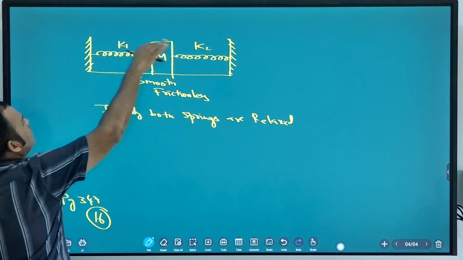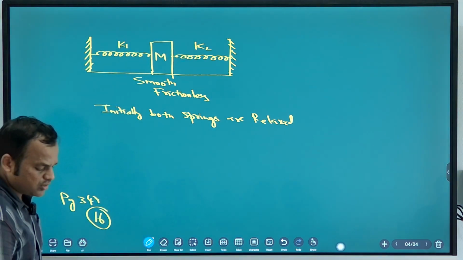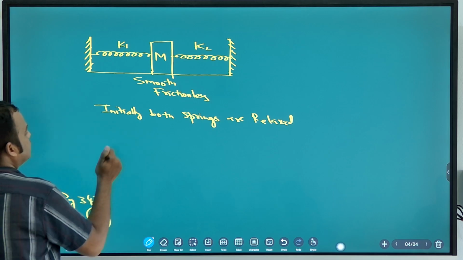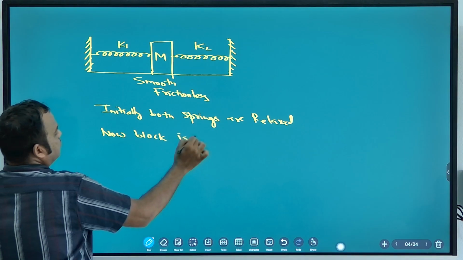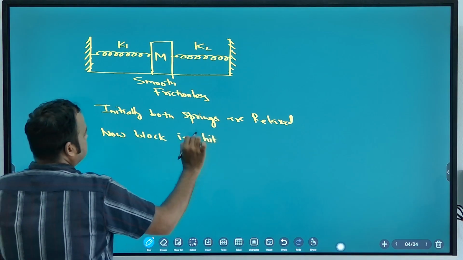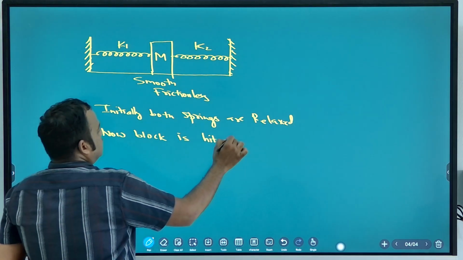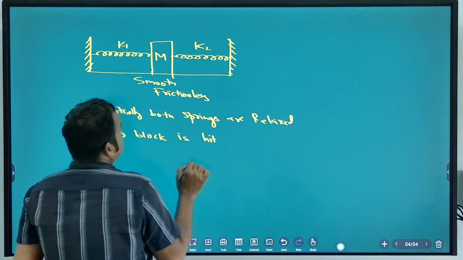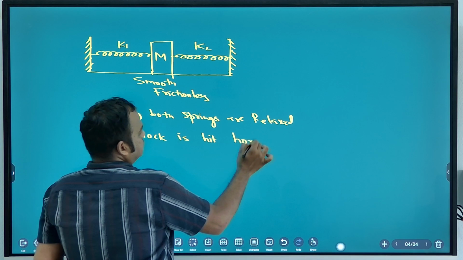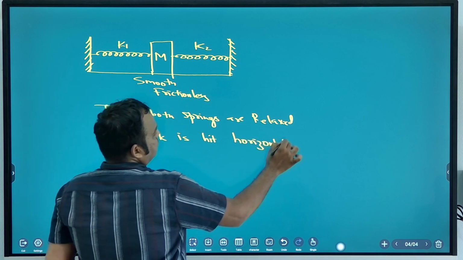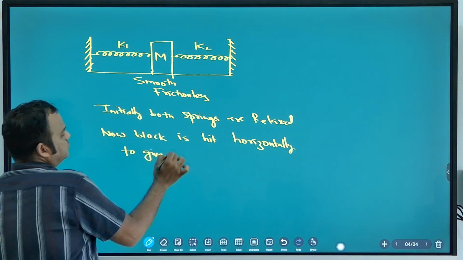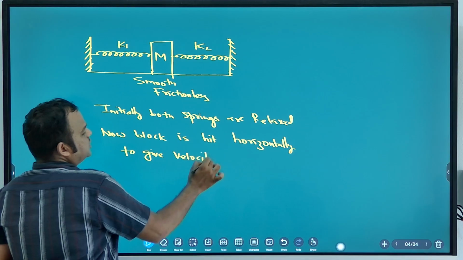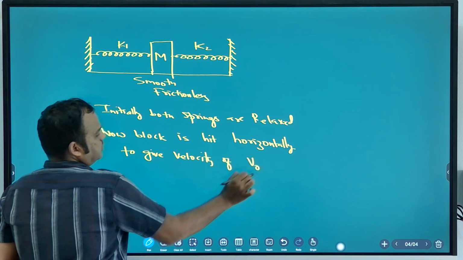Now you hit the block like this. Now the block is hit horizontally to give velocity of v naught.